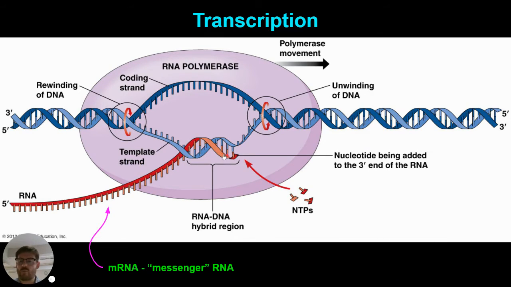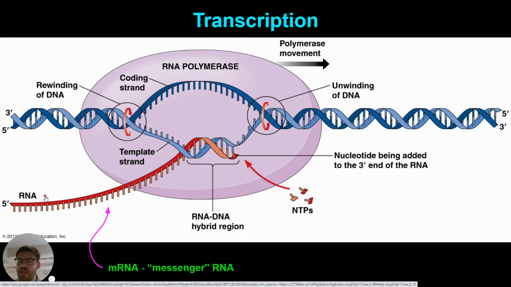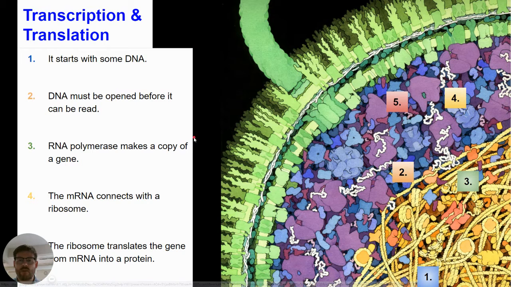But here's what's going on. We're making a copy of the DNA, just a piece of it to create one copy of a gene. Okay, so that's transcription for us. And that's what's going on here. So that's how this thing is getting made within the polymerase enzyme.